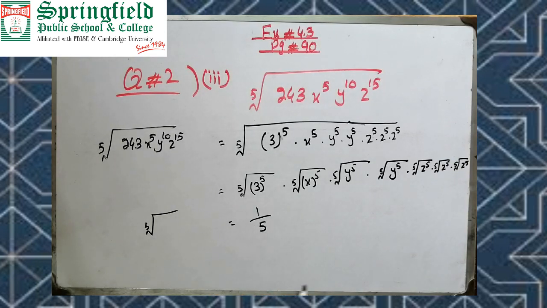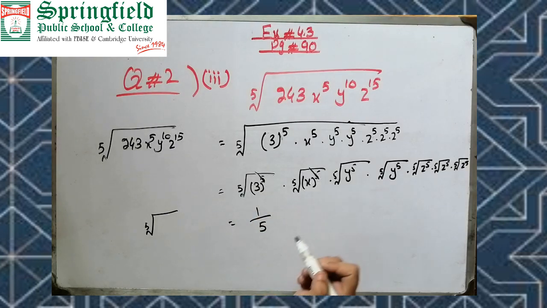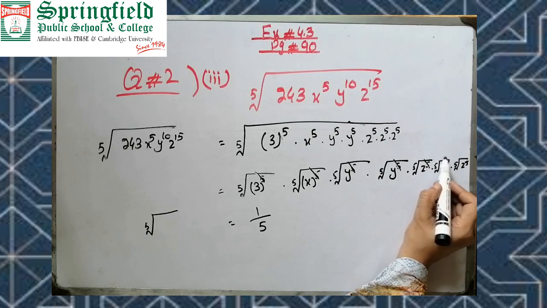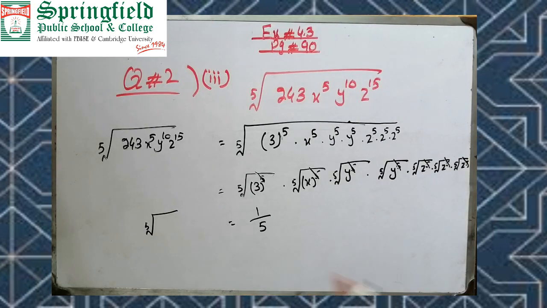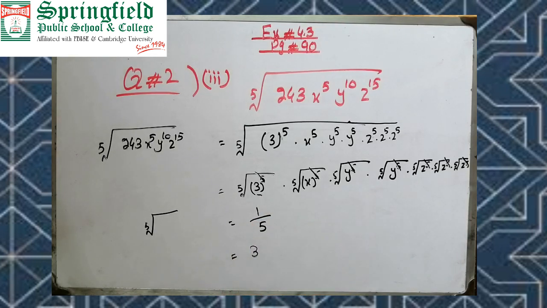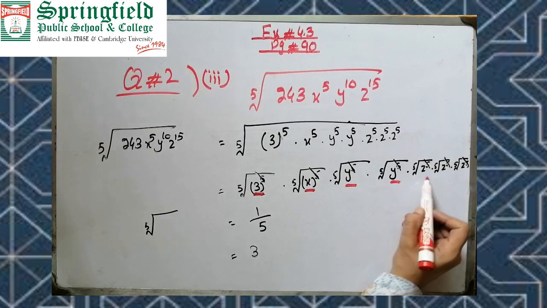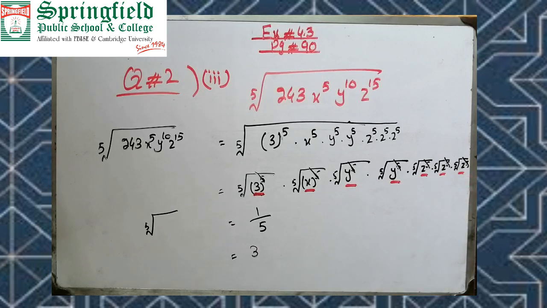So according to the value of 1 by 5, it can be cancelled with the fifth root. The power will cancel with the fifth root. So just 3 is left.